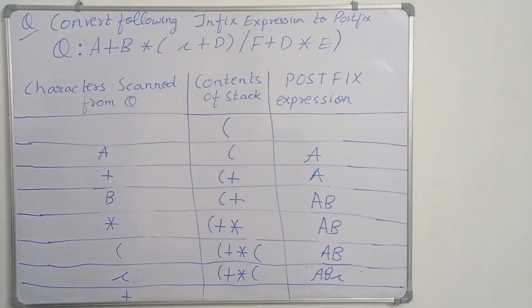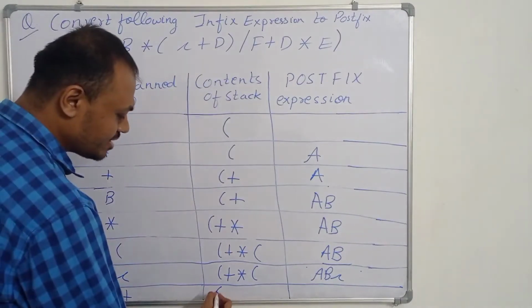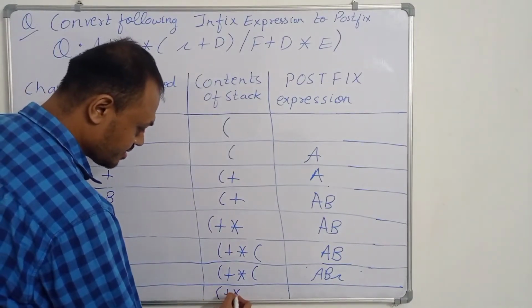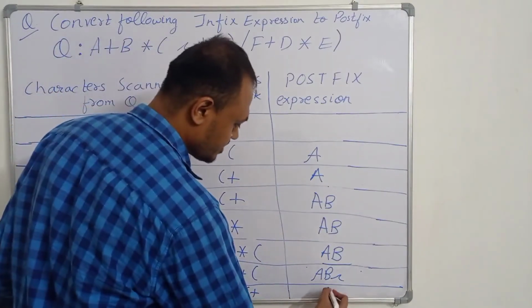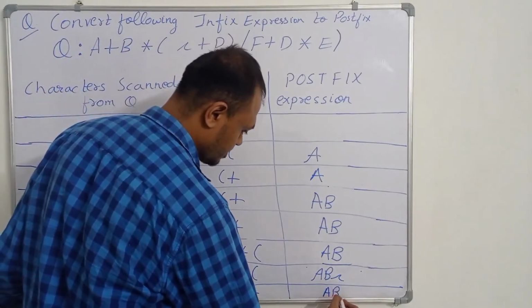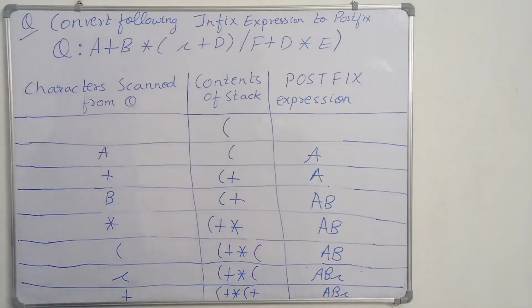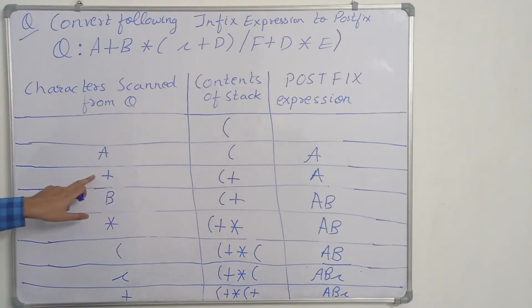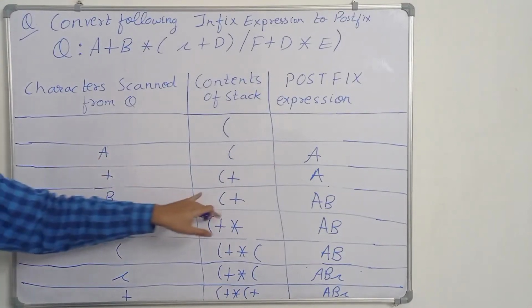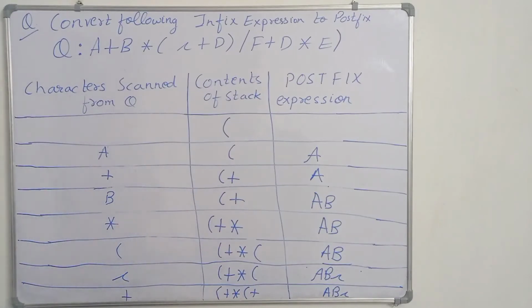Now this is the plus sign, so again it will be added to the stack as it is. So A, B, C. Whenever we encounter an operand, we add it to the postfix expression. When we encounter an operator, we see if any operator has higher precedence than it.